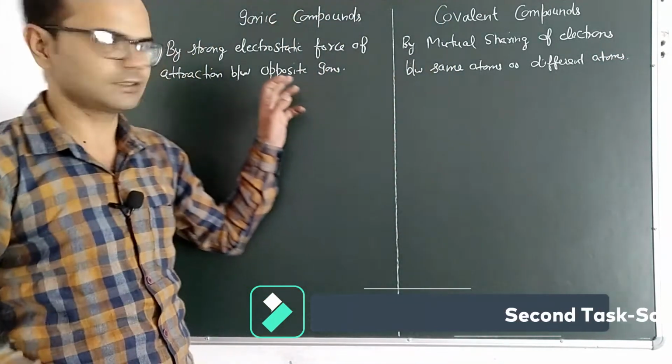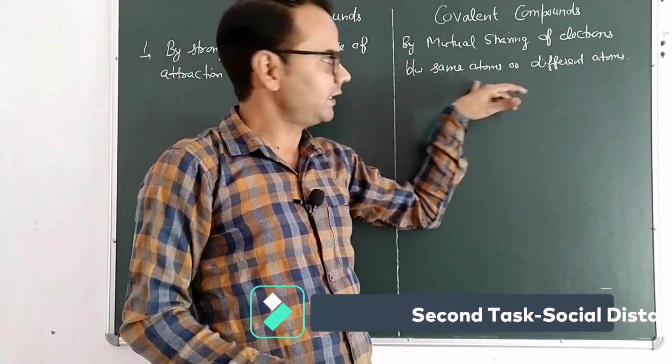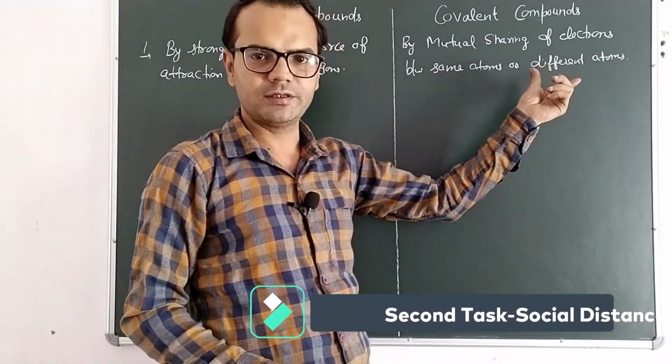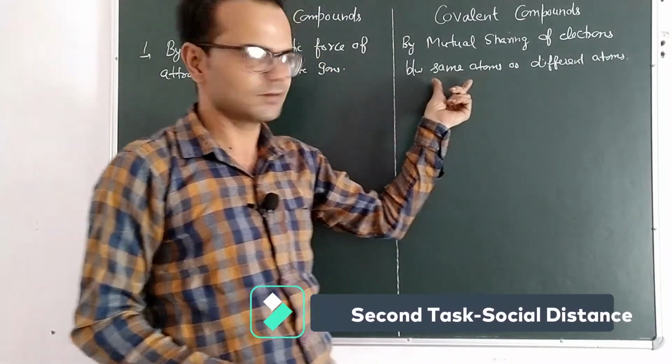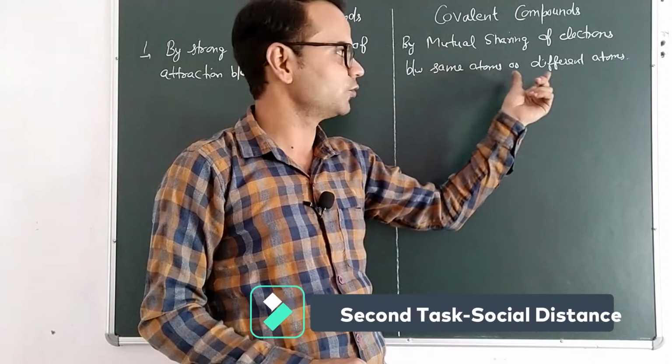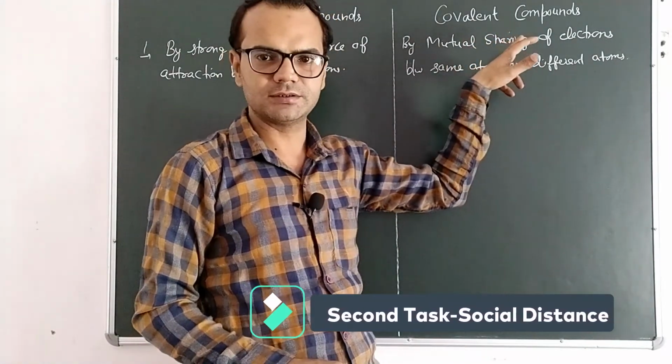For example, oxygen and nitrogen are formed by the same type of atoms, but HCl and HF have two different atoms, and the bond between them is covalent, right?